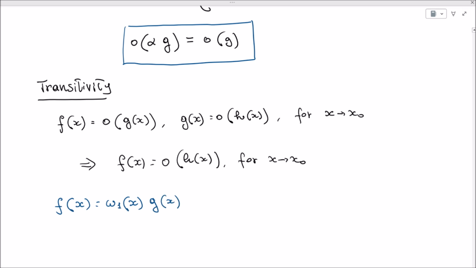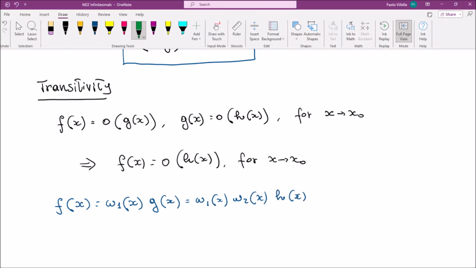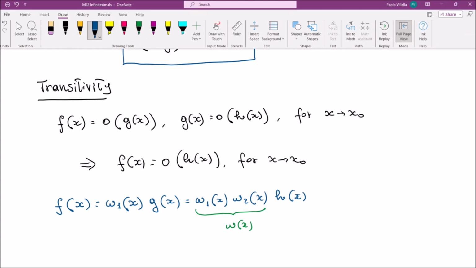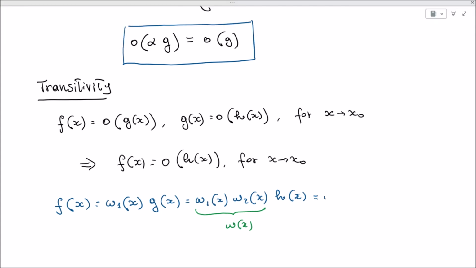But at the same time, we can now replace the second hypothesis on g of x, which implies that there exists another function, omega 2 of x, such that g of x is omega 2 of x times h of x. And we have now this product, which we can call omega of x. So we can now say that f of x is omega of x times h of x.